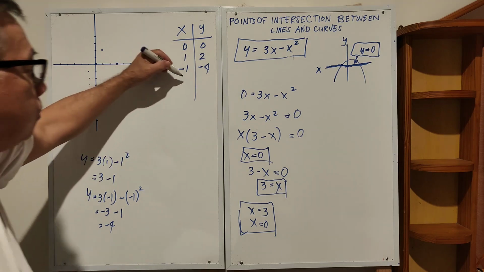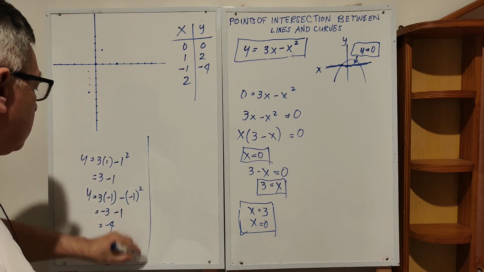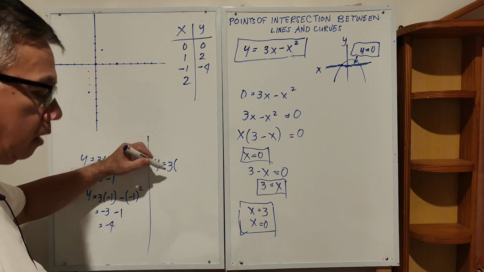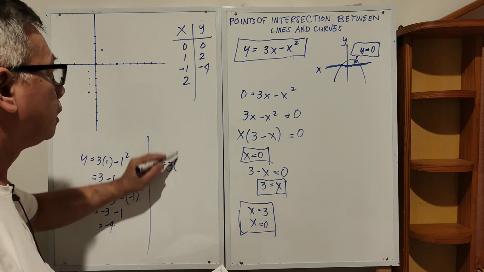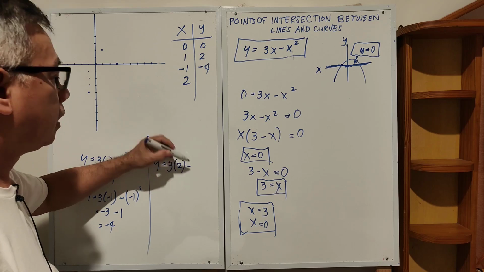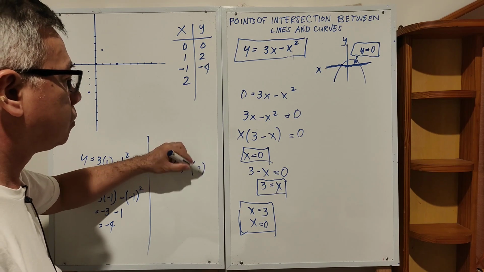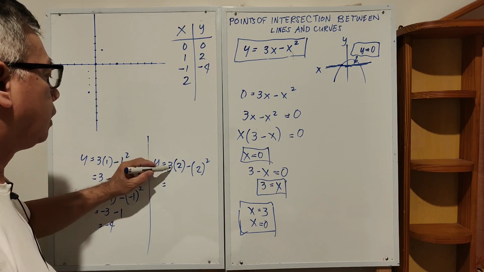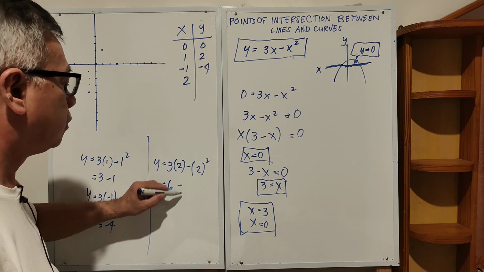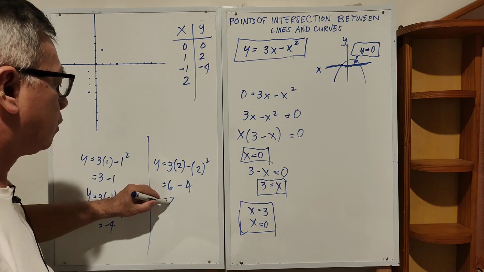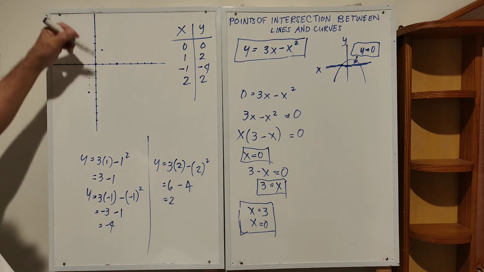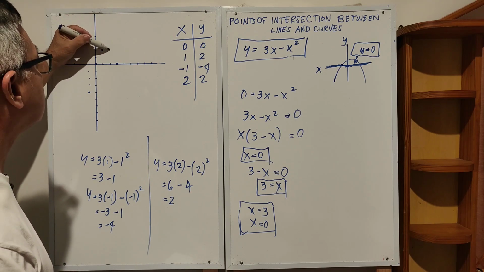If x is 2, y is equal to 3 times 2, which is x, minus 2 squared. So 3 times 2 is 6, minus 2 times 2 is 4. 6 minus 4 is equal to 2 also. So if x is equal to 2, y is equal to 2, that will be this one.